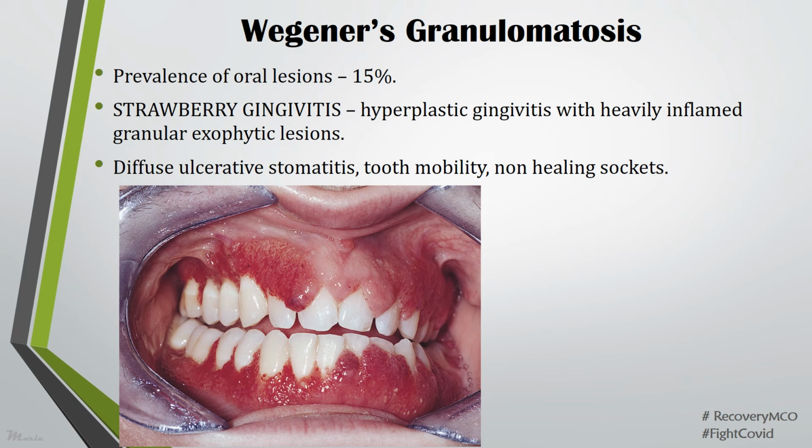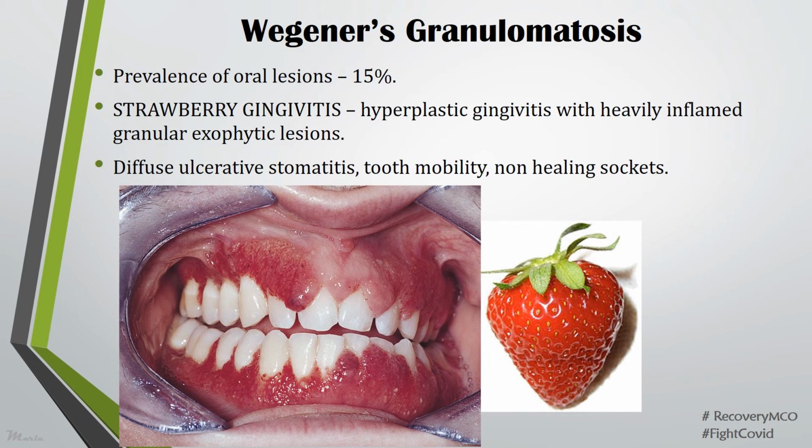The surface of the gingiva resembles the outer peel of the strawberry, and hence it is referred to as strawberry gingivitis. Additionally, there will be diffuse ulcerative stomatitis, that means ulcerative lesions of other parts of the oral mucosa, mobility of teeth, non-healing of extraction sockets.